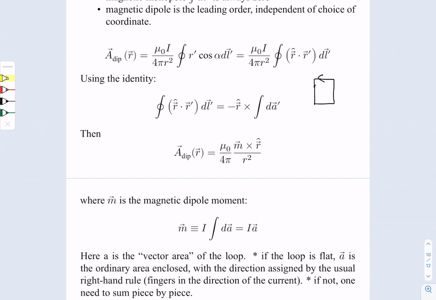But be careful: say we have a three-dimensional area where the area can curve in space, then you have to really add up each flat area with directions correctly. So in the general case, the integral of this area does not give us the area of this surface. I'll give an example.